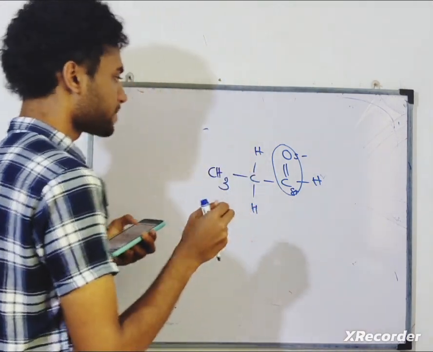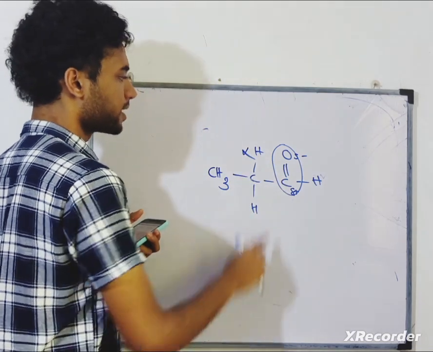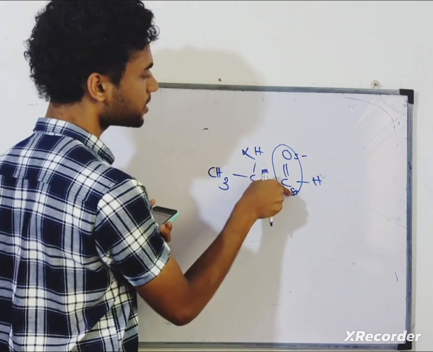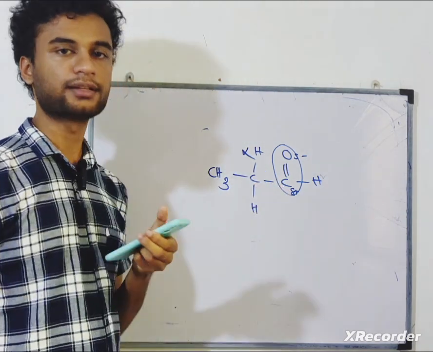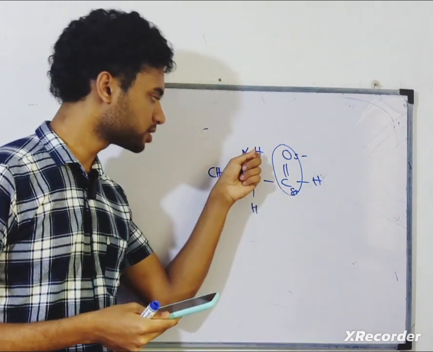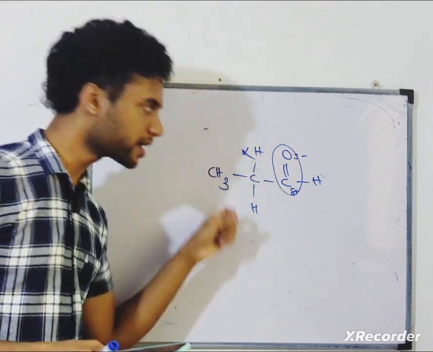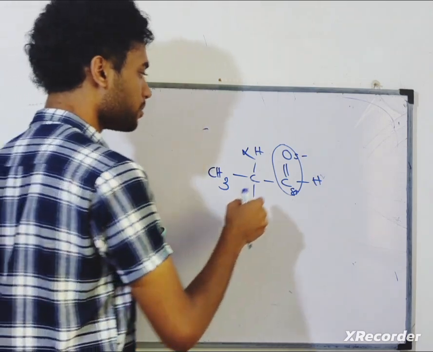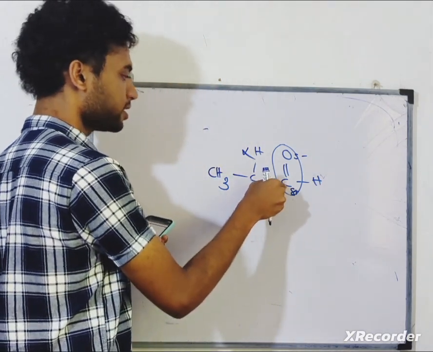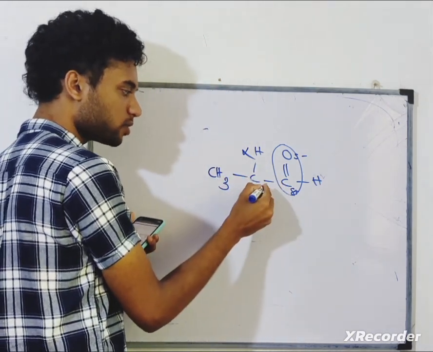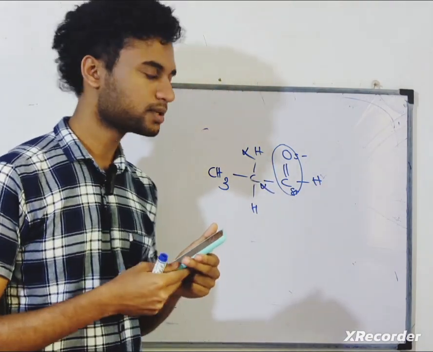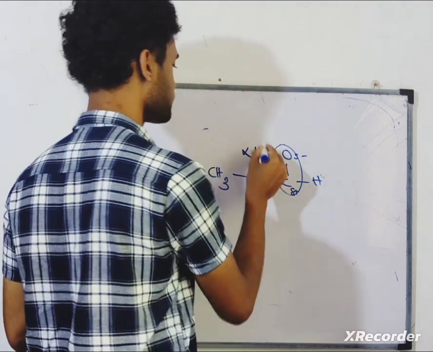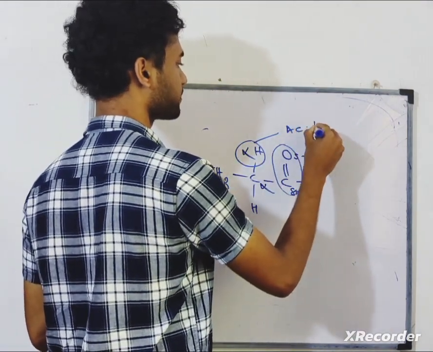So we say alpha hydrogen is the hydrogen attached to the carbon directly attached to the carbonyl carbon. The carbonyl carbon is here, and then directly attached to that is this carbon. This carbon is called alpha carbon. So alpha carbon and then alpha hydrogen.